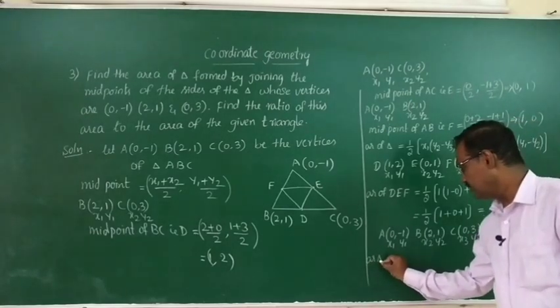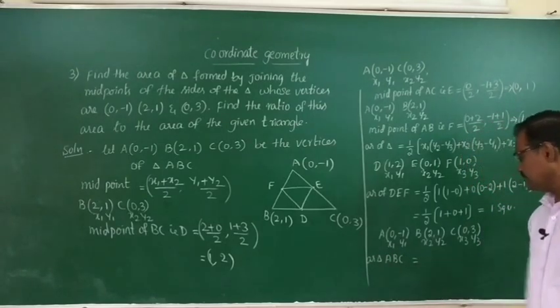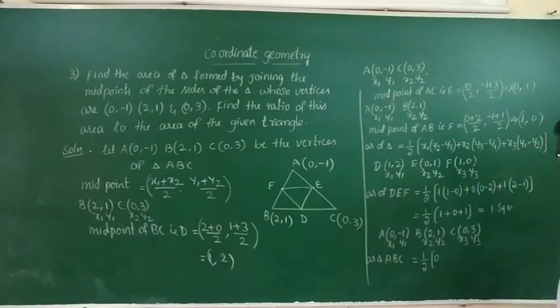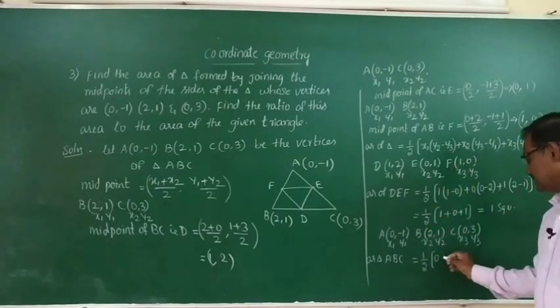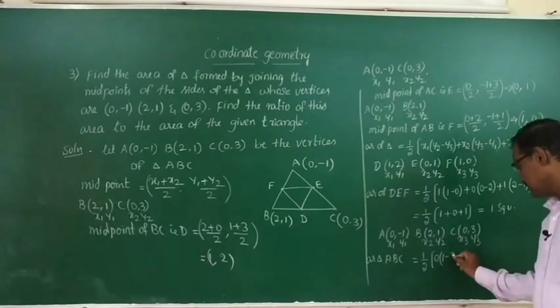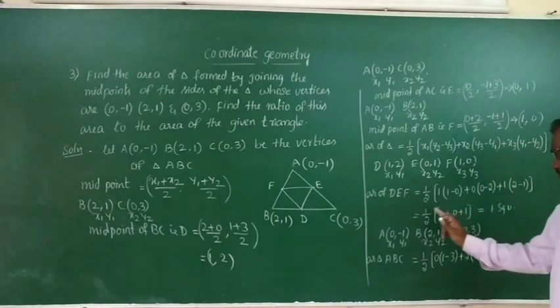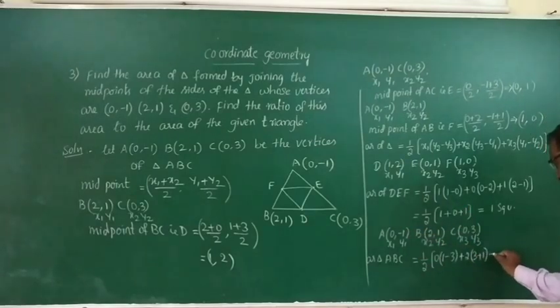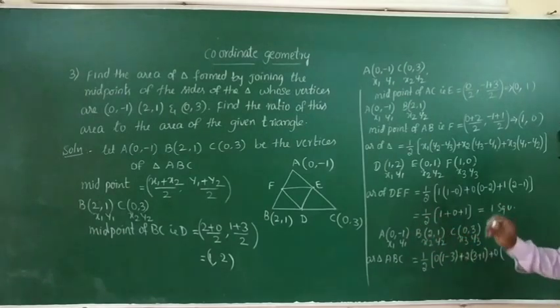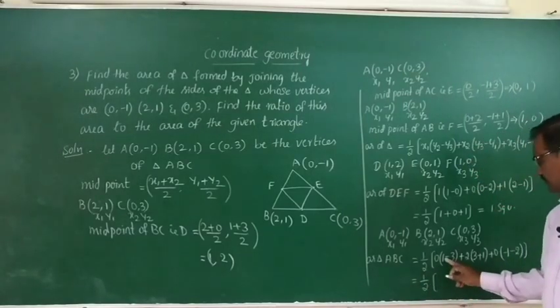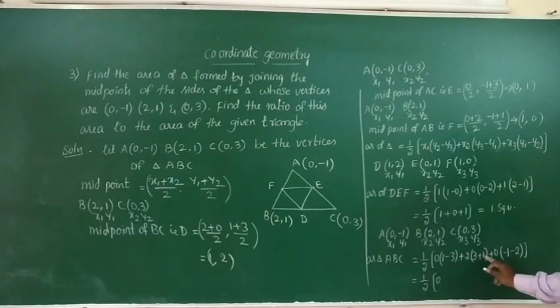Area of triangle ABC is half into x1, which is 0, and whenever x values are 0, it multiplies with anything to become 0. Then x2, 2, into (y3 minus y1), 3 minus minus 1, is 3 plus 1, 4, and 4 twos are 8.